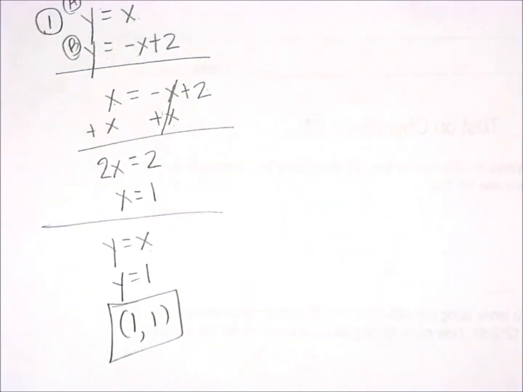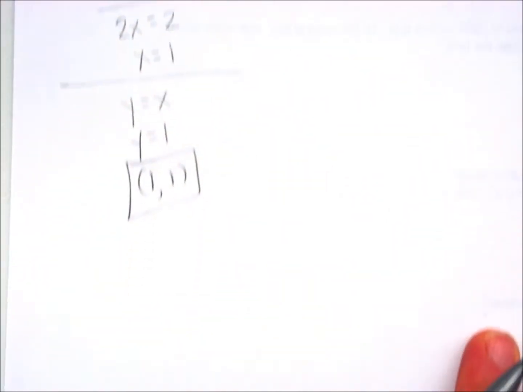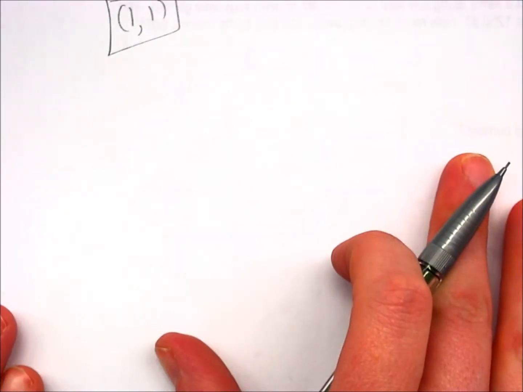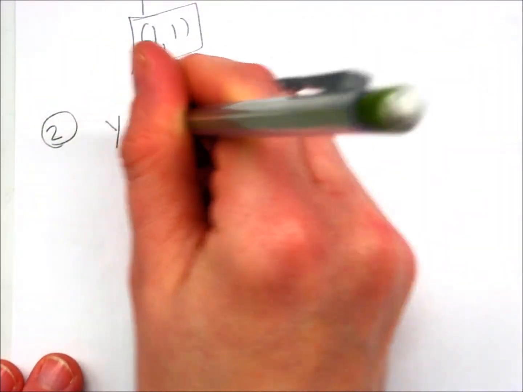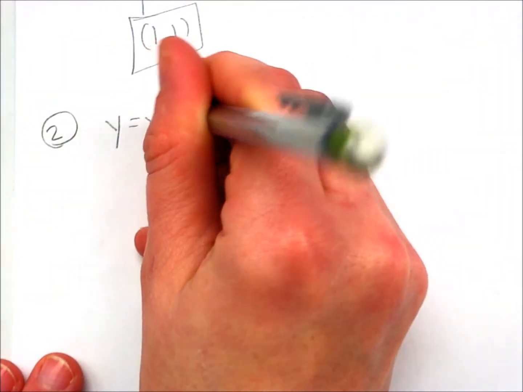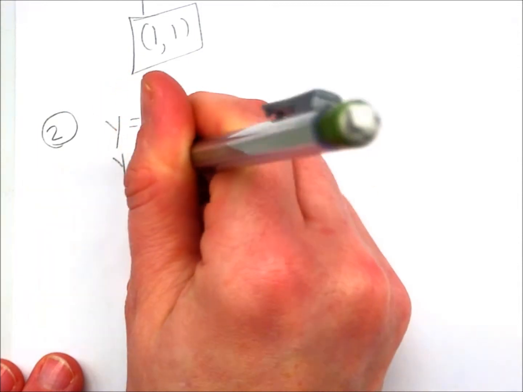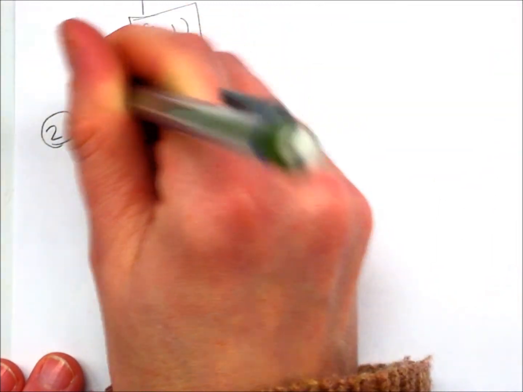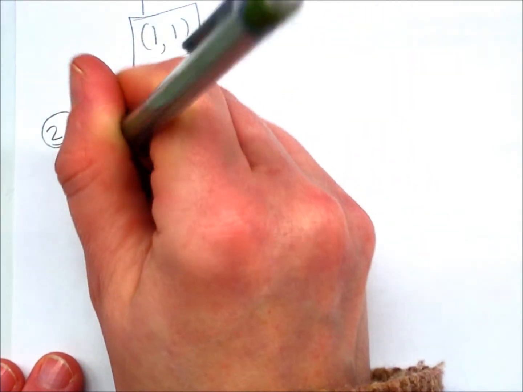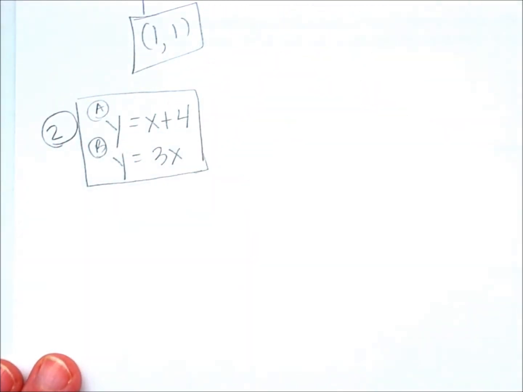Alright, then let's go to number 2. So number 2, you've got the equation y is equal to x plus 4 and y is equal to 3x. Let's go ahead and label these equations A and B, and I'll put that box around them so I know that's what I'm starting with.